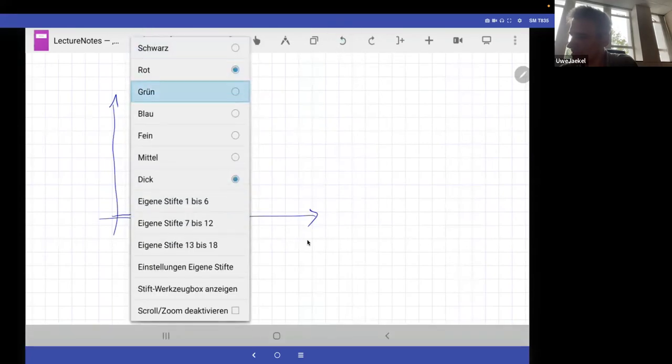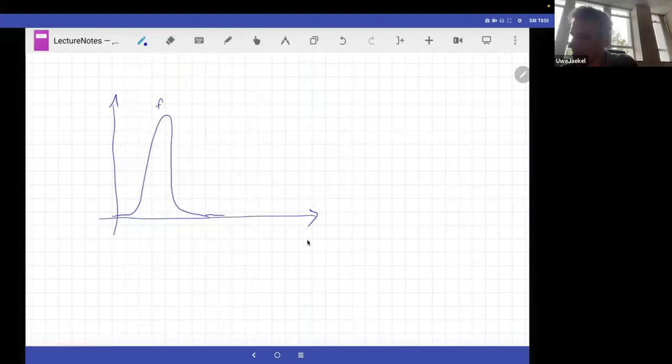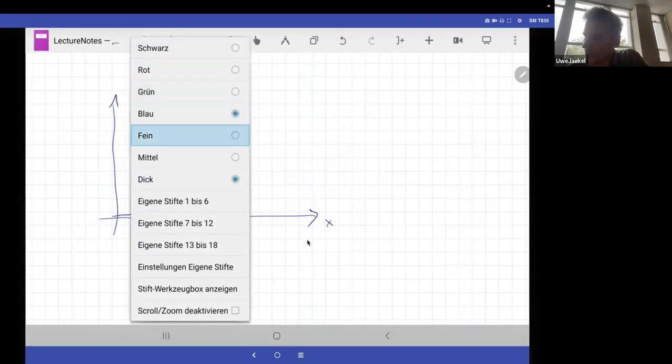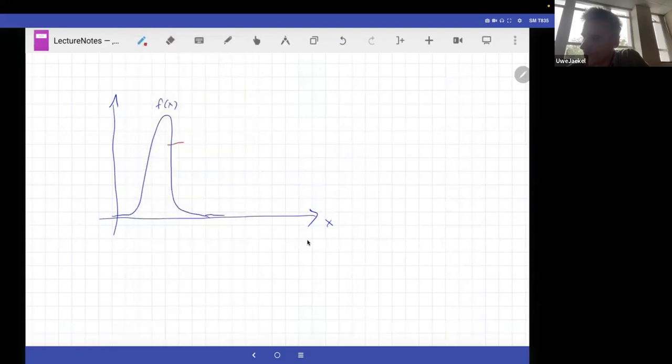This is our initial condition, or our initial distribution, f of x. And we know from the method of characteristics what happens. The solution will move to the right. So at a later time, it will be just shifted.